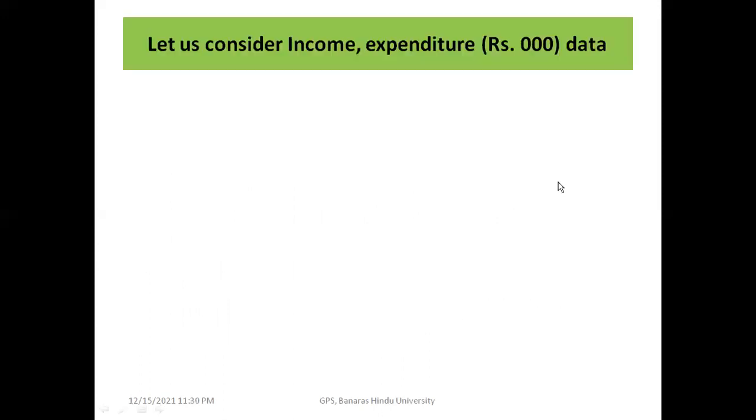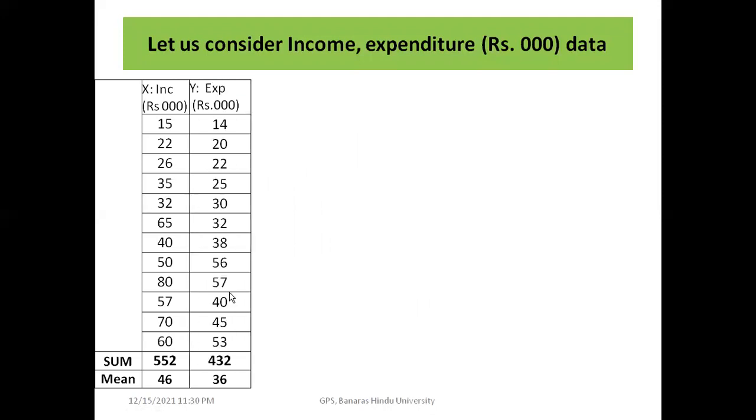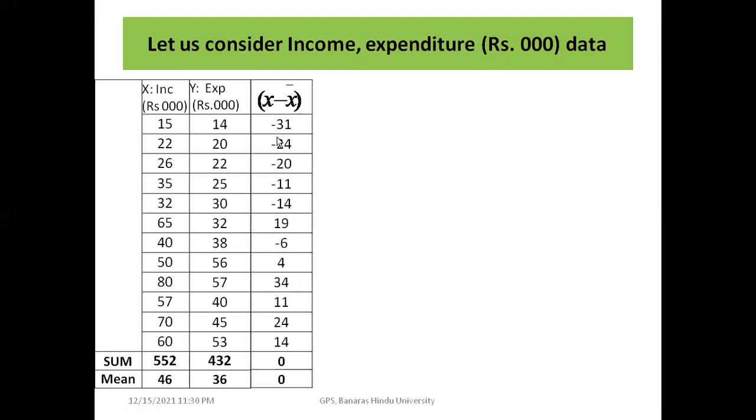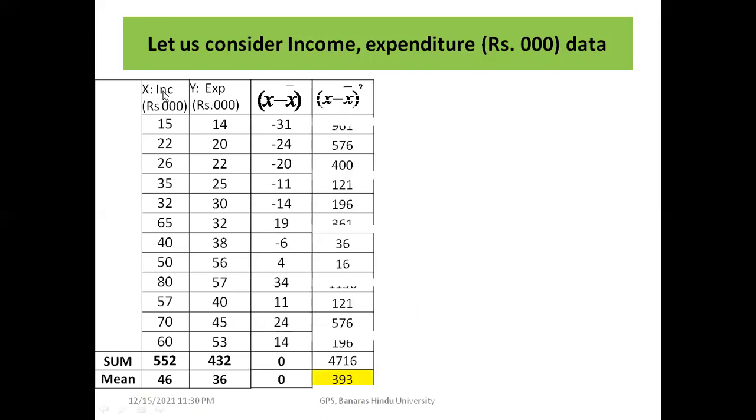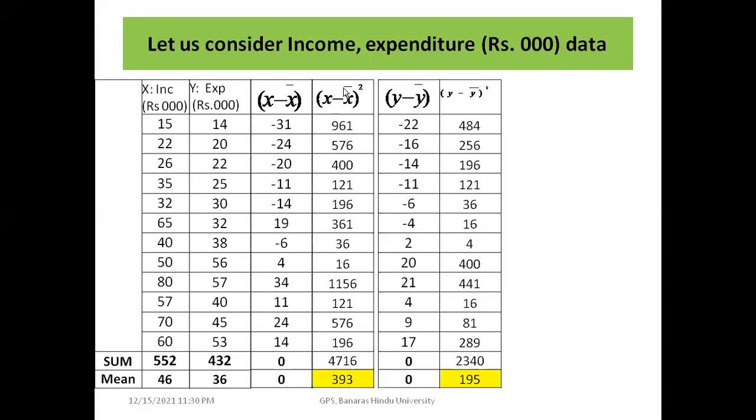Suppose this is my data X, this is my data Y, and I am interested in a regression equation with Y dependent and X independent. So I calculated these things. Here the deviation is squared to get the variance of X, sigma square X, which is 393.